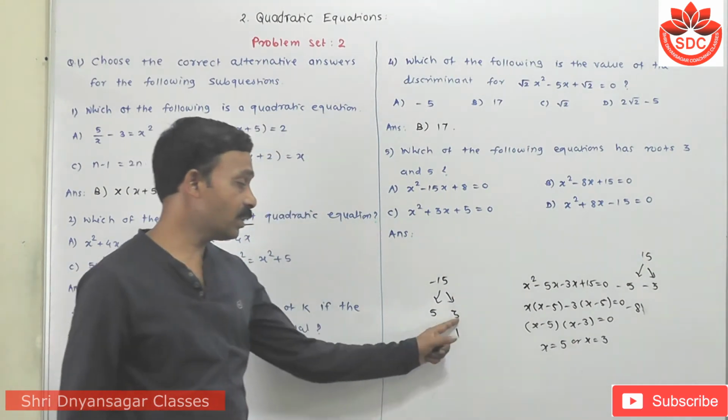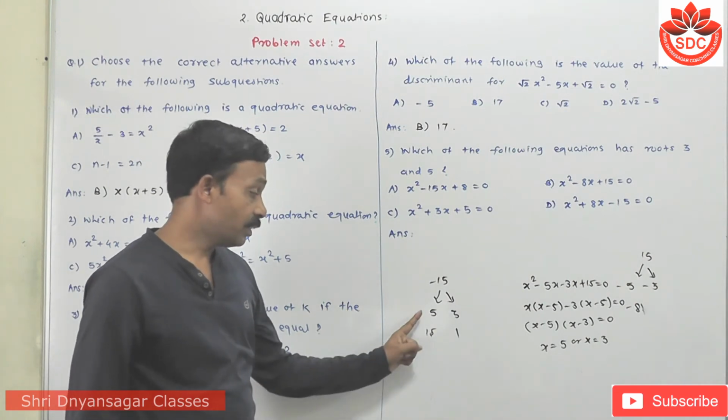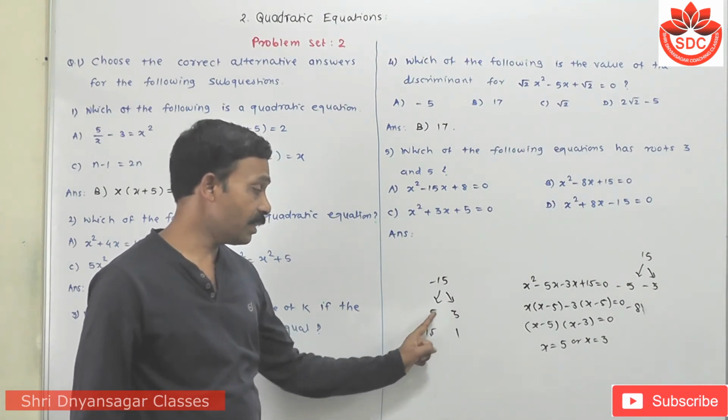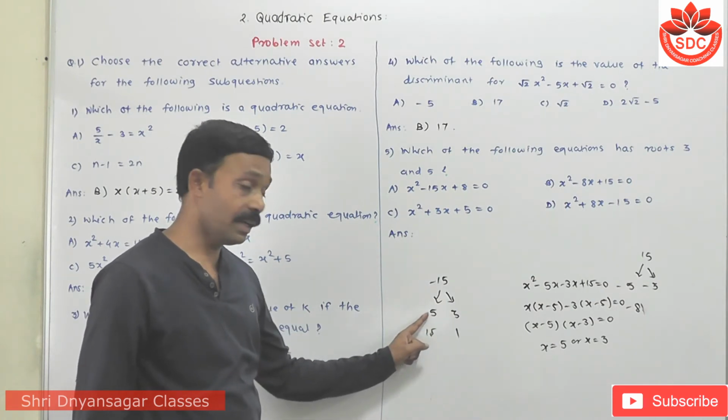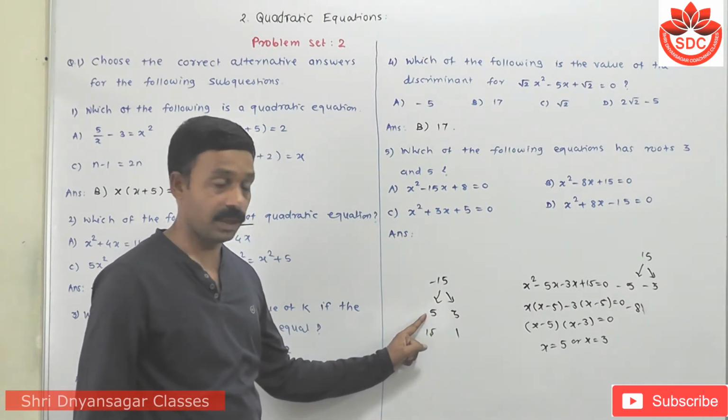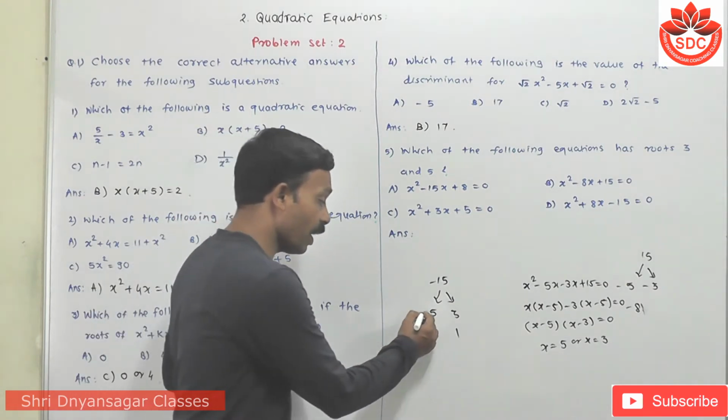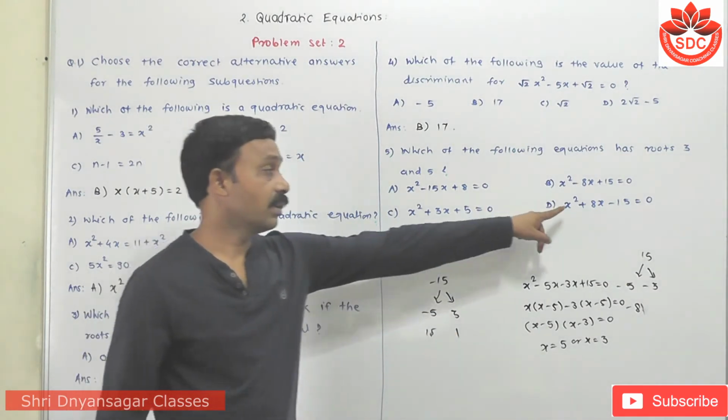Now when we take these two as factors, then if we take any sign minus and plus, it becomes minus 15. Then when we add them, we get minus 2 or plus 2. So these are not the factors of this equation.